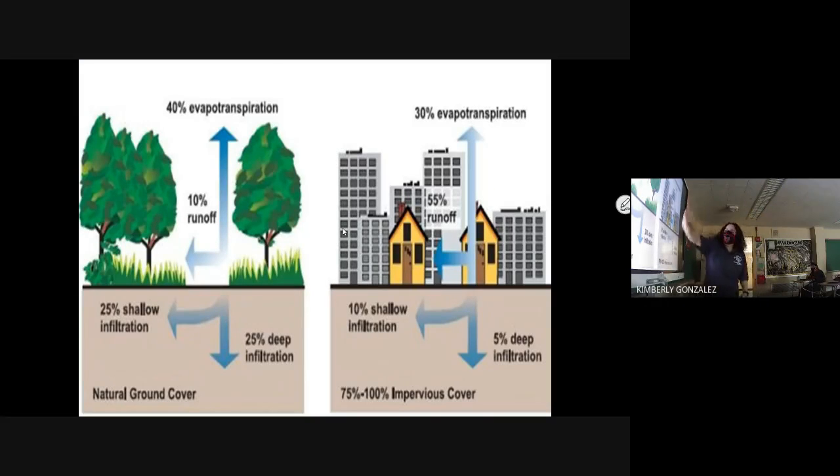The more buildings and the more concrete you have, the less infiltration. Concrete is impermeable. The water will never seep through the concrete. You're going to have less infiltration than you would in a nice forested green area.